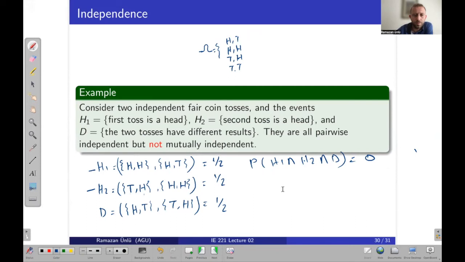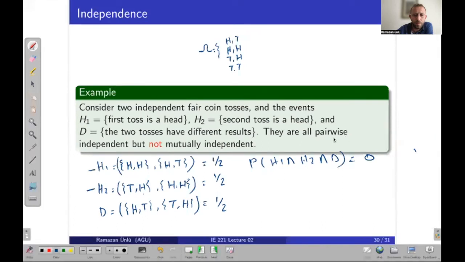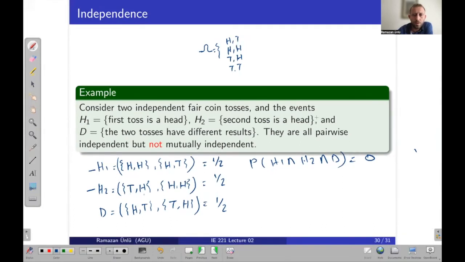I think our omega is correct. Yes, there is no common point, so the probability of the intersection of all three events is 0.